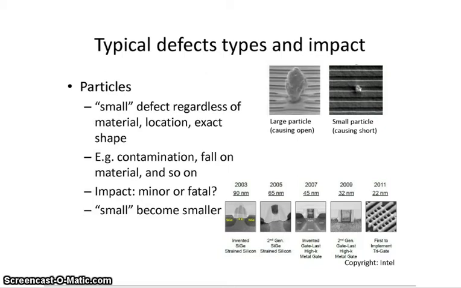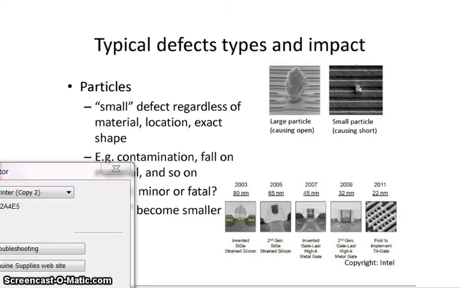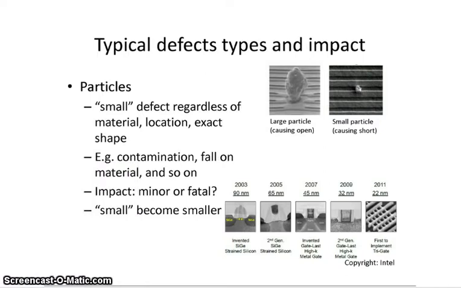But small particles, small defects, are much more difficult to see. Even though they are small in size, it doesn't mean the impact is small. It can be minor, it can also be fatal. It really depends on the material and the size.